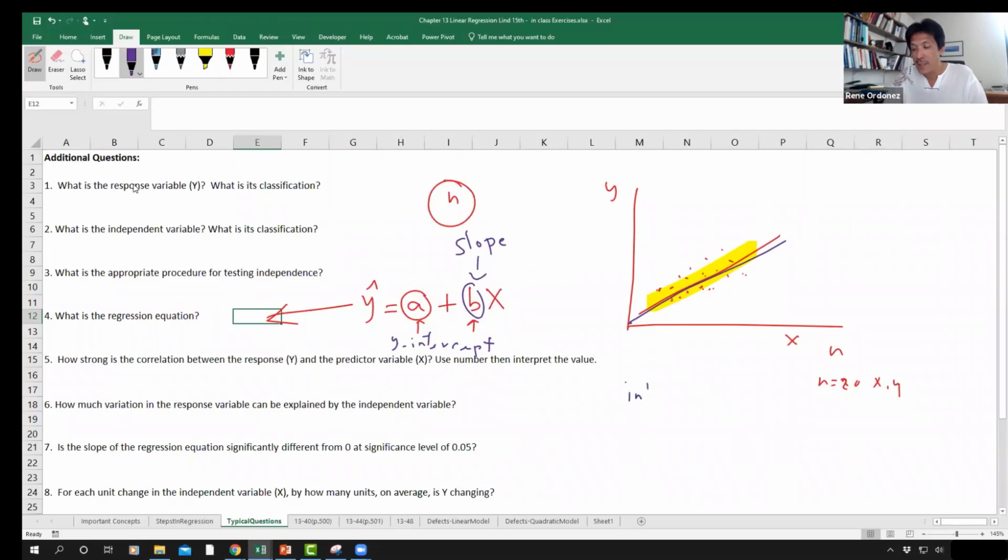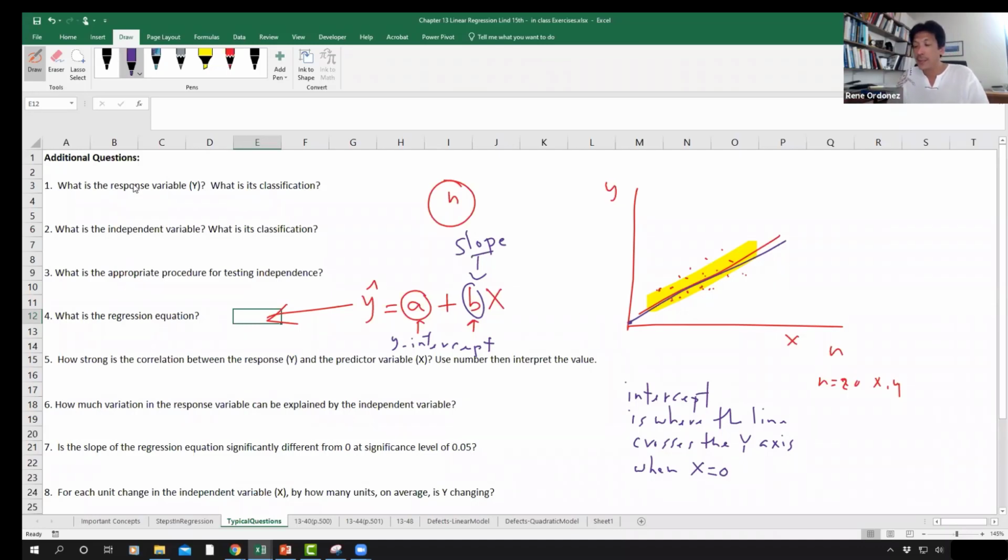So the intercept is where the line crosses the y-axis when x is equal to 0. So that would be this point here.